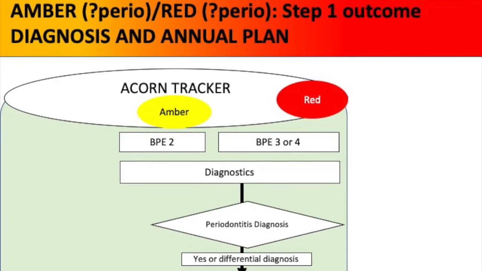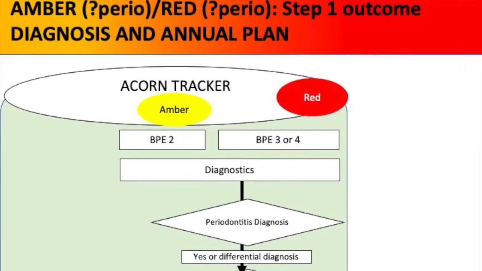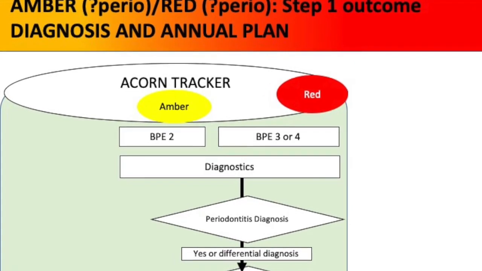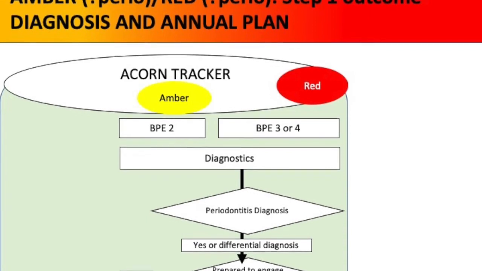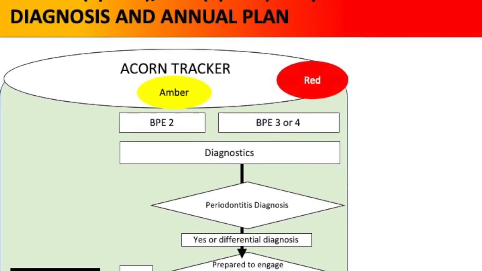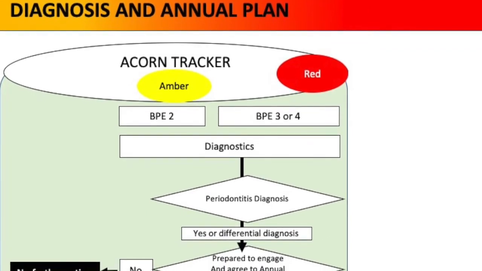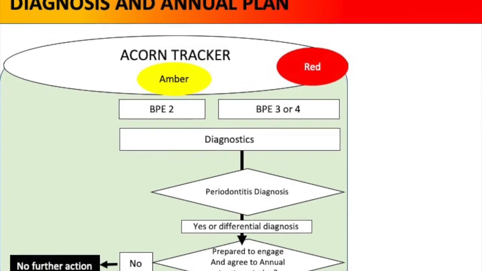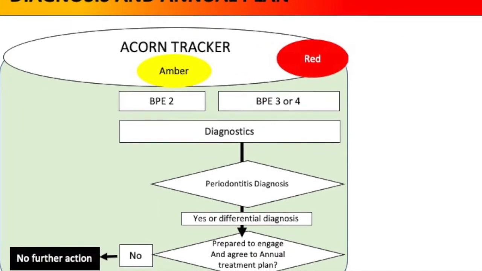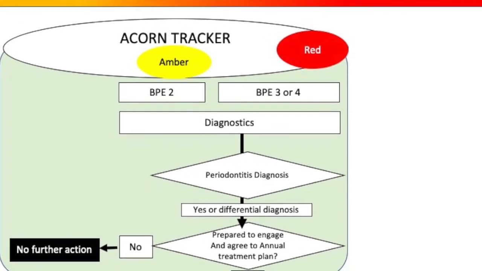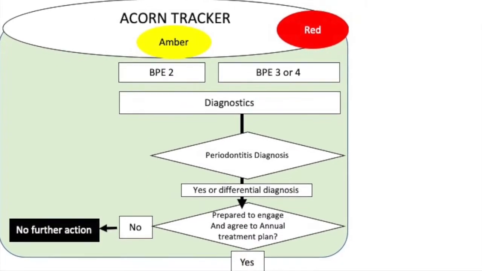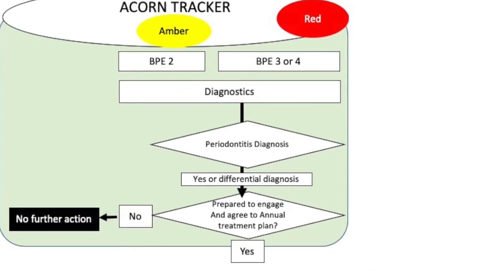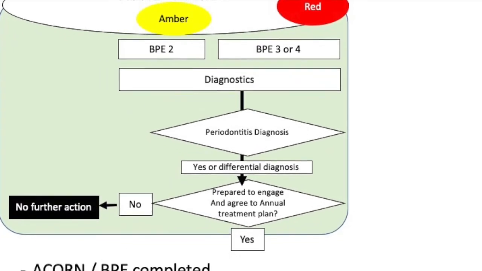The second type of red patient is the engaging patient. However, these people actively want to seek out treatment. So the journey of the red patient is similar to the non-engaging patient, where they have an exam and then they are alerted to the fact they have periodontal disease. It is at this point the patient is informed about what behaviours they need to engage in if they want to treat the disease appropriately.